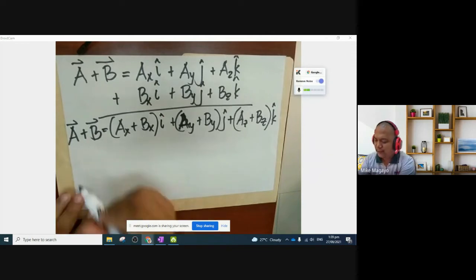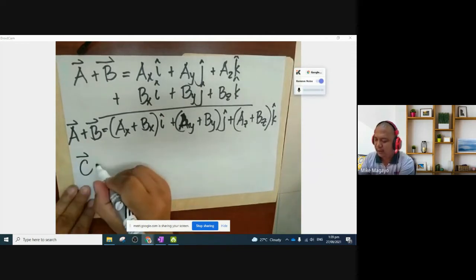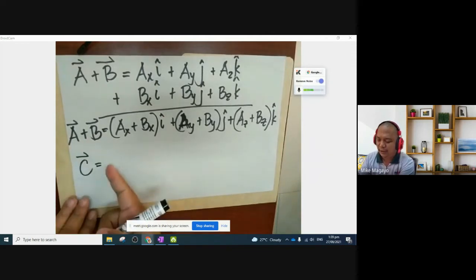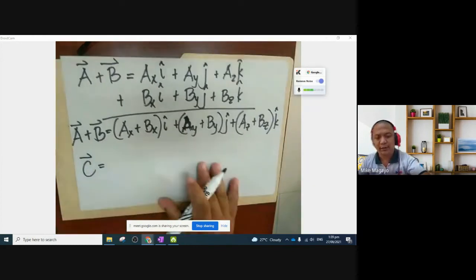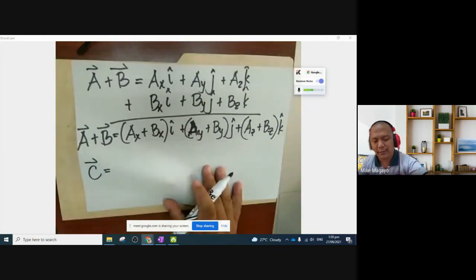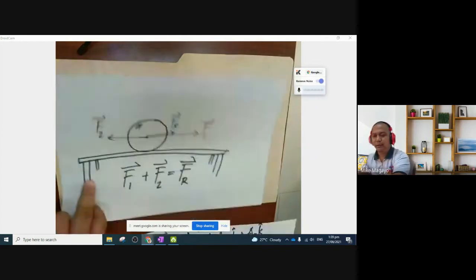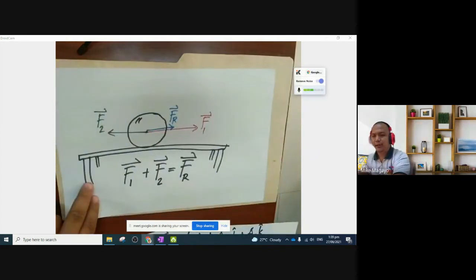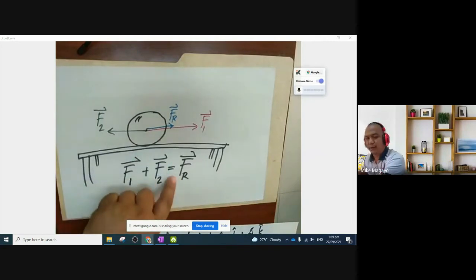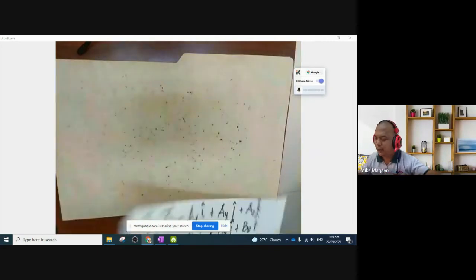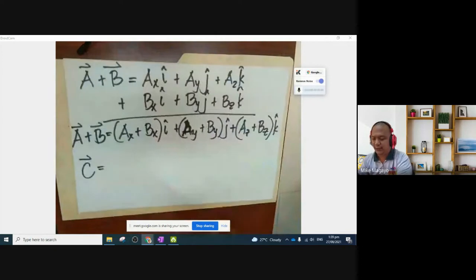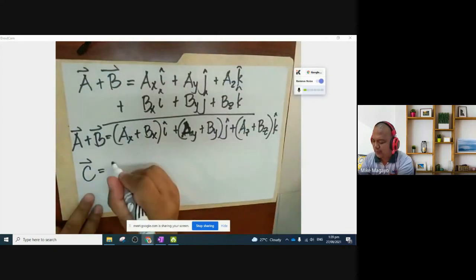If we say that vector C, now I'm introducing a third vector, as I introduced earlier when we talked about forces, I introduced a third vector, R. Here, I introduce a third vector and just call it C, and that's A plus B.